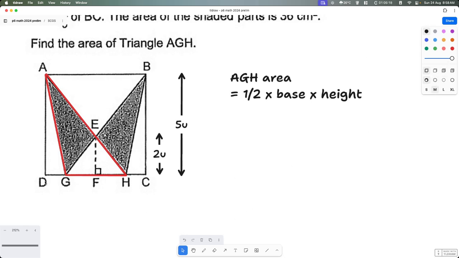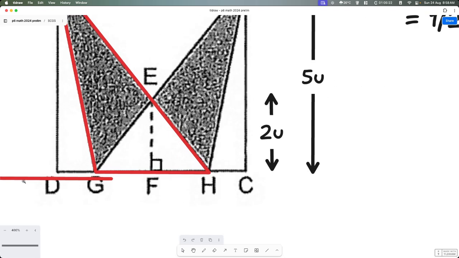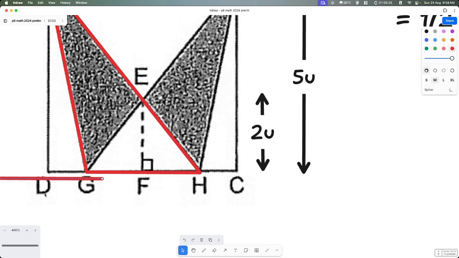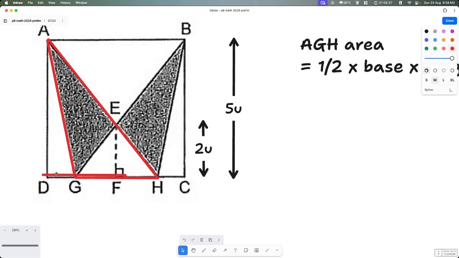If I were to just draw this out, you see that the perpendicular line is over here. So I'm going to draw this, and I'm going to draw the red box over here.